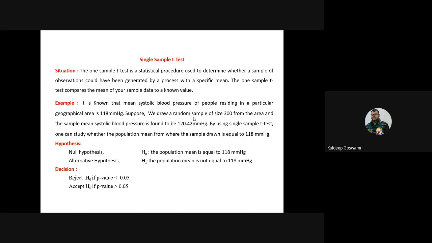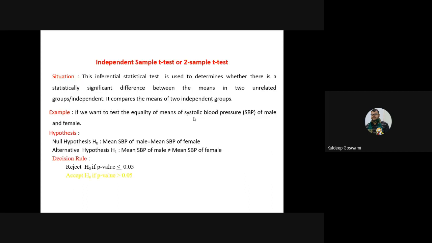Now, we have to use the t-test, and then we have to draw a decision whether 120.42 mmHg is the population mean, or 118, which we had got from earlier research, is the average. And this is for one sample t-test.